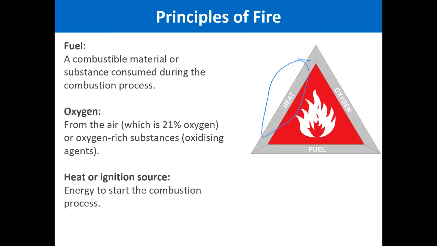You can do that by throwing water on a fire, or by using a carbon dioxide fire extinguisher, which reduces the temperature of the fire, so there is not enough heat energy to sustain the burning process.